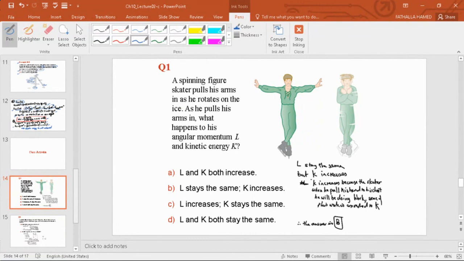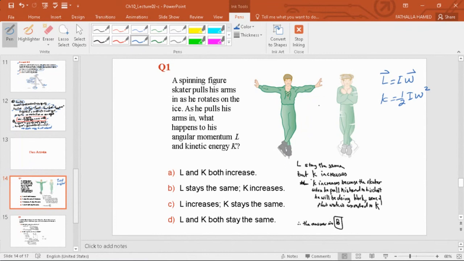and kinetic energy? You know that the angular momentum should equal I omega, and you know that the rotational kinetic energy is equal to 1/2 I omega squared. Now, you know that when the arms are outstretched, you have a moment of inertia.